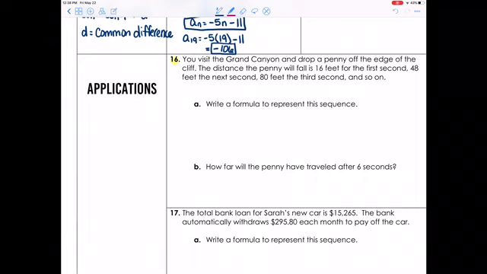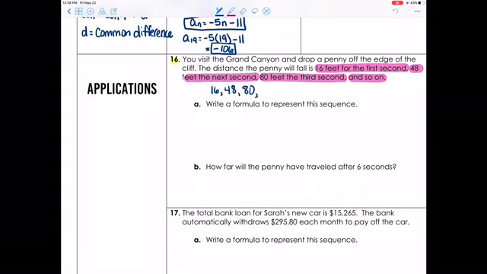That sounds like important information. 48 feet for the next second, and 80 feet for the third second, and so on. That is our sequence. The first term is 16, the second term is 48, the third term is 80, and so on.